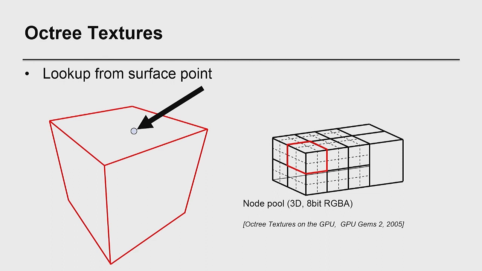Like you see on the right side, we have the representation of this octree on the GPU texture memory. So I need to know what quadrant of that octree node that point corresponds to, and from that I can follow the pointers to go to the next octree level, right?